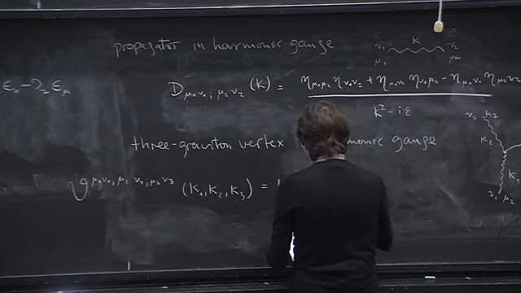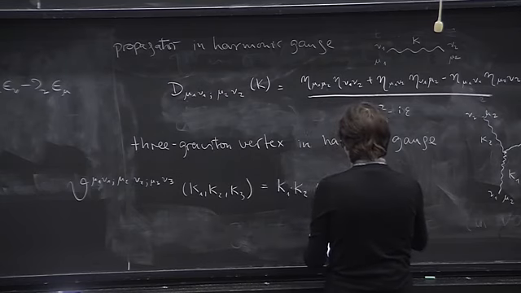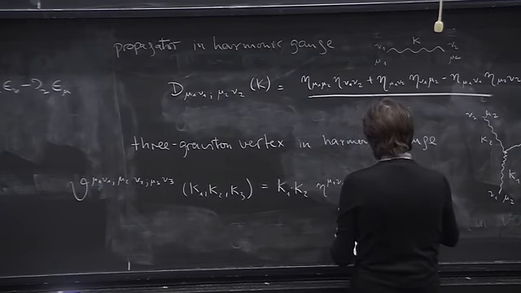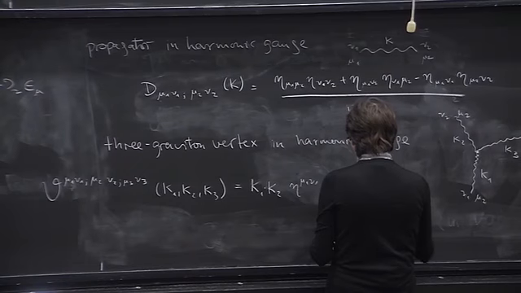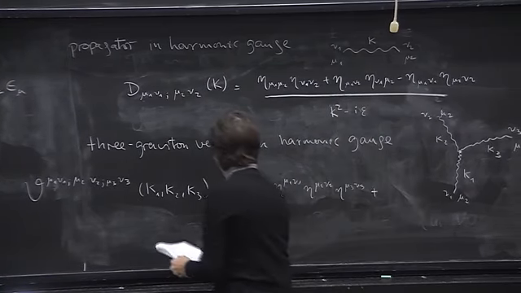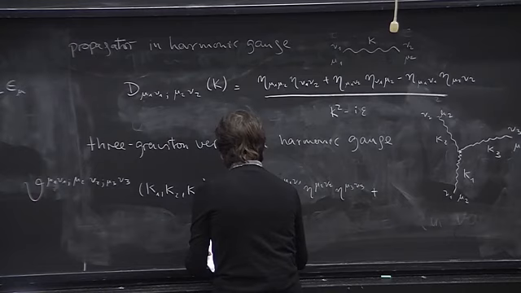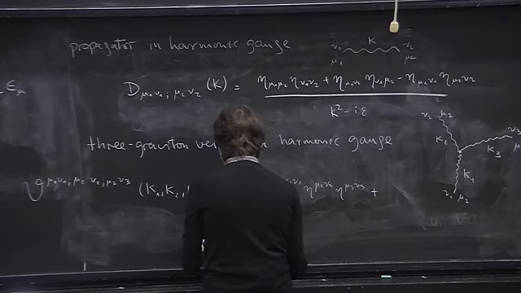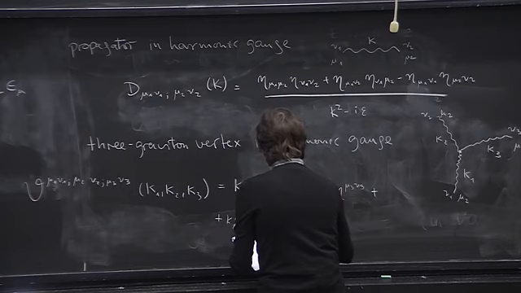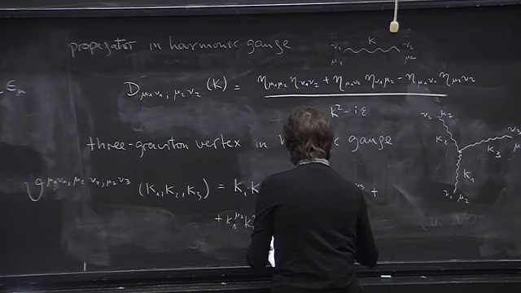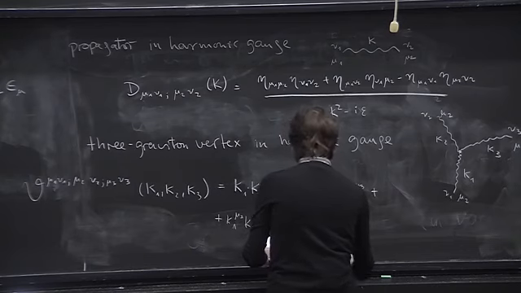And now we have a bunch of etas, eta mu1 nu1, eta mu2 nu2, eta mu3 nu3, plus k1 mu3, k2 mu3, eta mu1 mu2, eta nu1 nu2, plus.